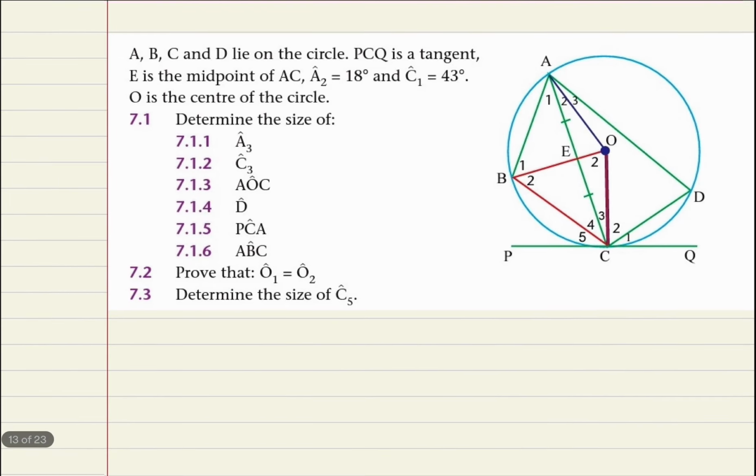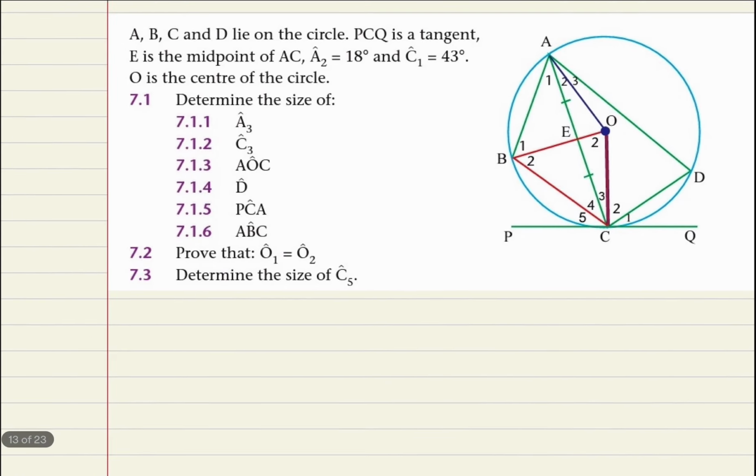Now we are dealing with these problems so that we can answer the questions. We have this problem here. This problem gives us a lot of information that will help us to answer any question.